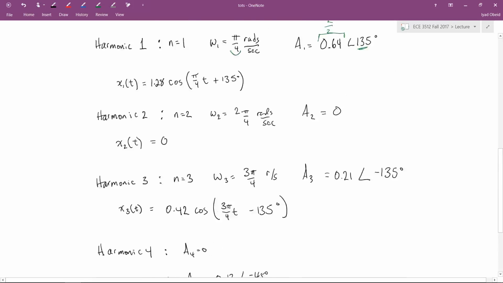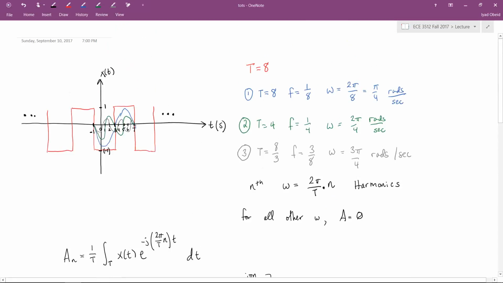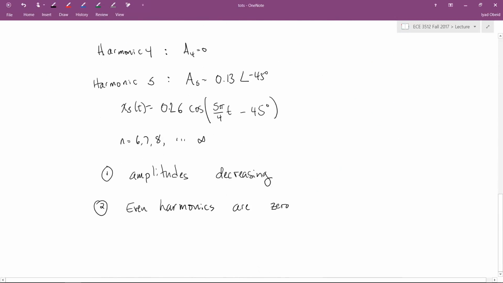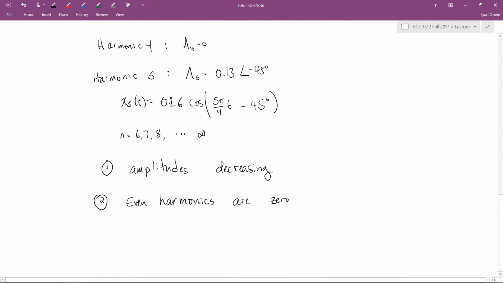It turns out that if you go back to our original signal, the duty cycle is 50%. That means it spends 50% of its time high and 50% of its time low. And because it's 50% high, 50% low, we find that every other harmonic is zero.